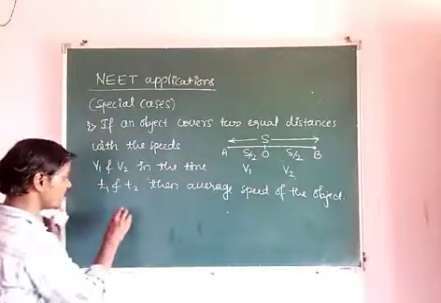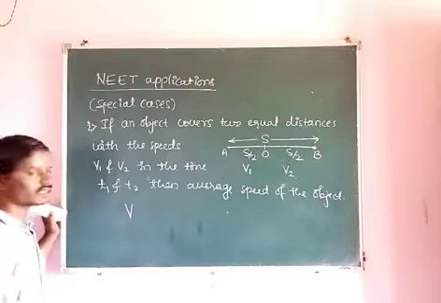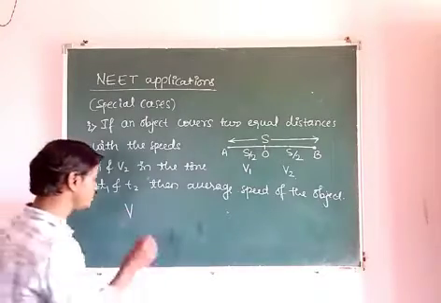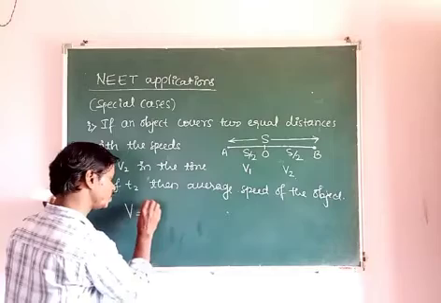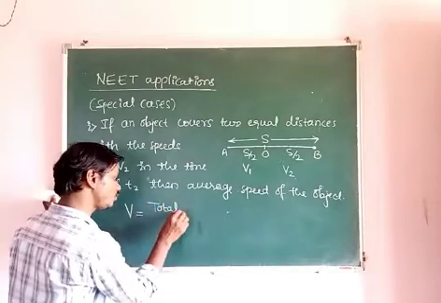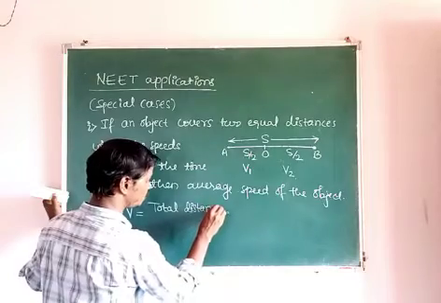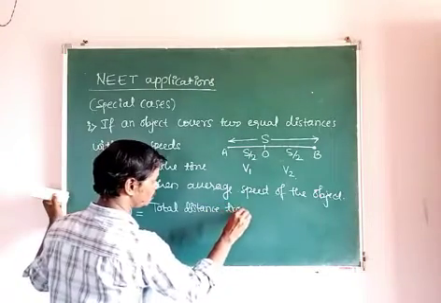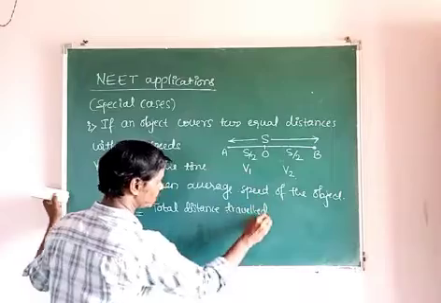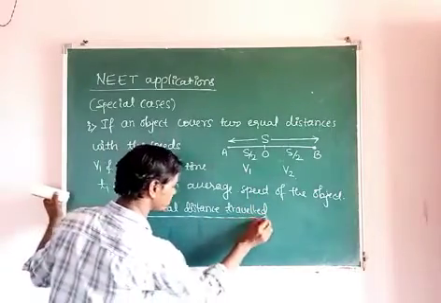See here, already we know the expression for average speed: total distance traveled divided by total time taken.